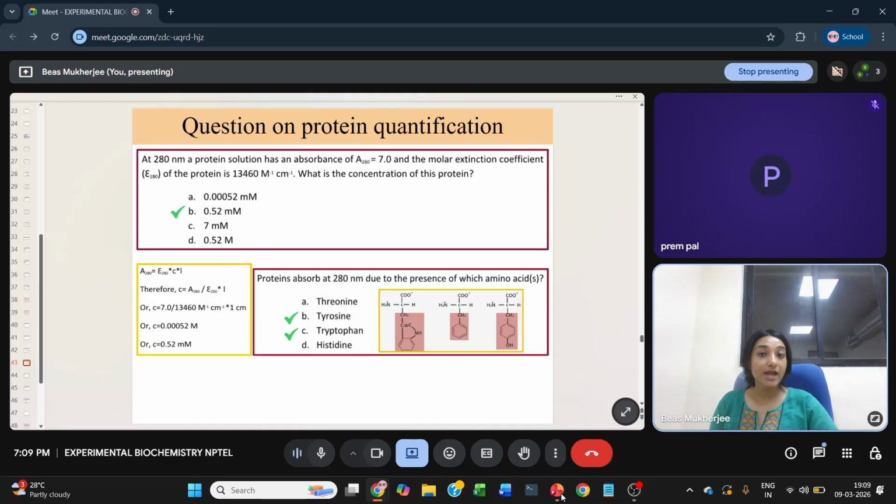Anyway, so tyrosine is 275 technically, and I think phenylalanine is 265 or something like that. So to be very technical, you should go for tryptophan. But if it is an MSQ, then maybe you can go for both tyrosine and tryptophan, right? But the safest choice, remember, would only be tryptophan.